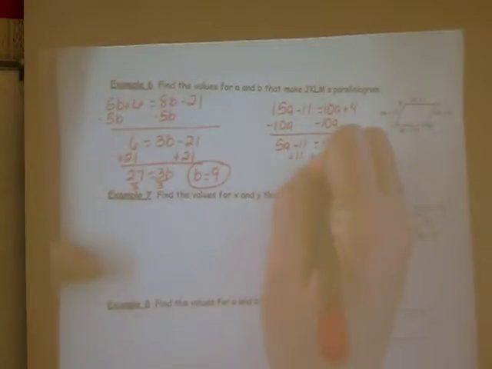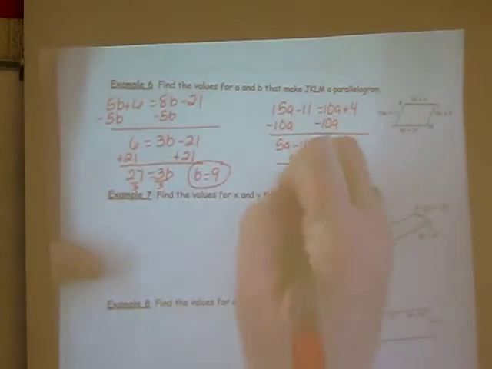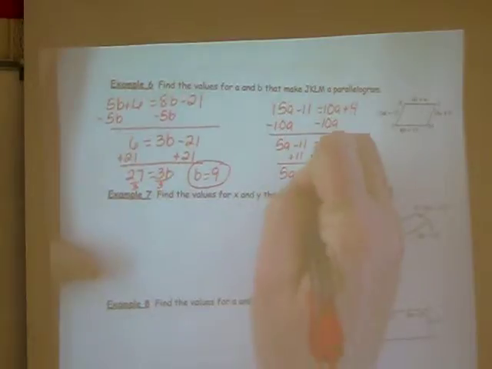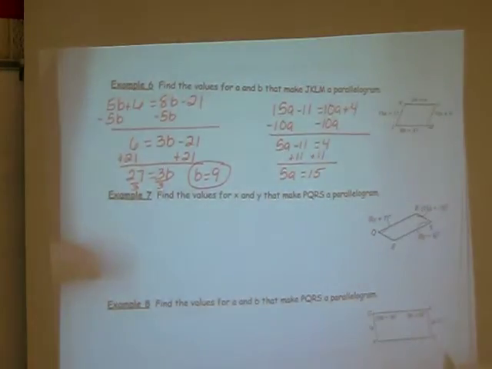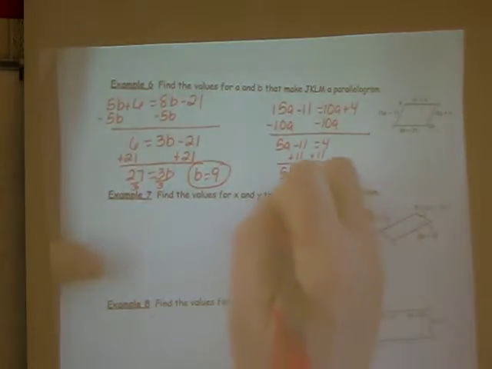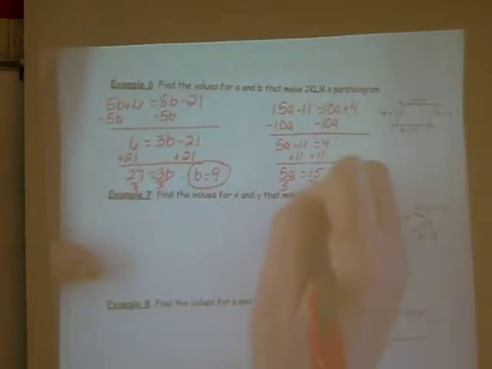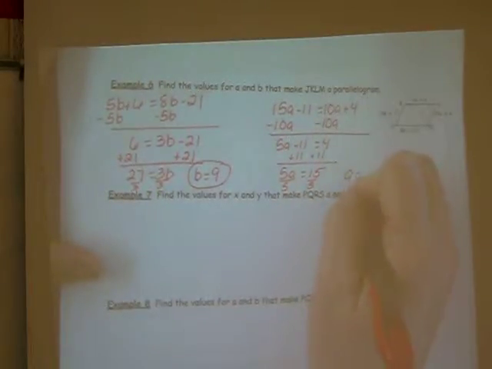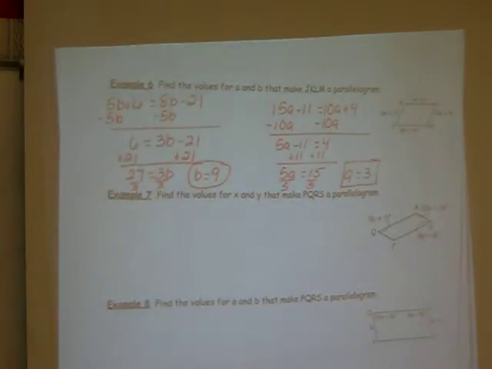And then we add 11 to both sides, and we have 5A equals 15. Dividing both sides by 5, you are left with A equals 3.